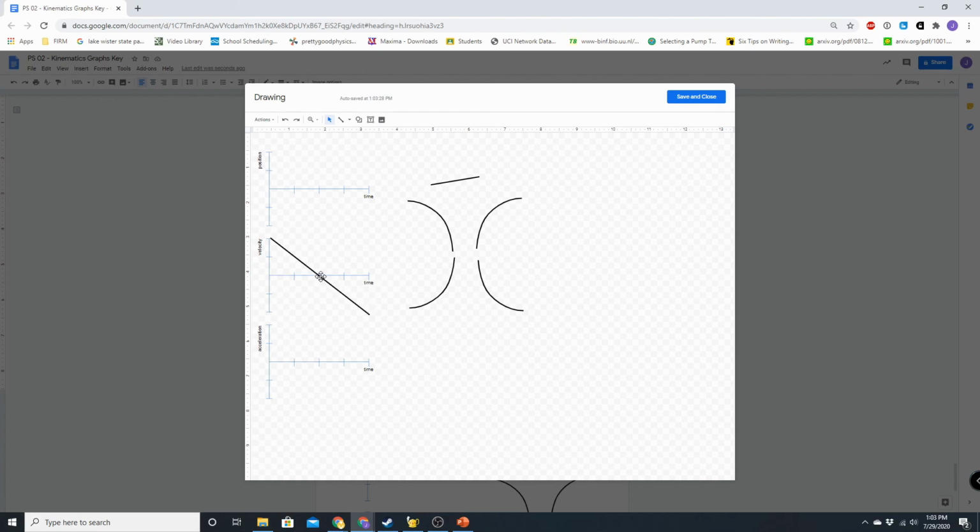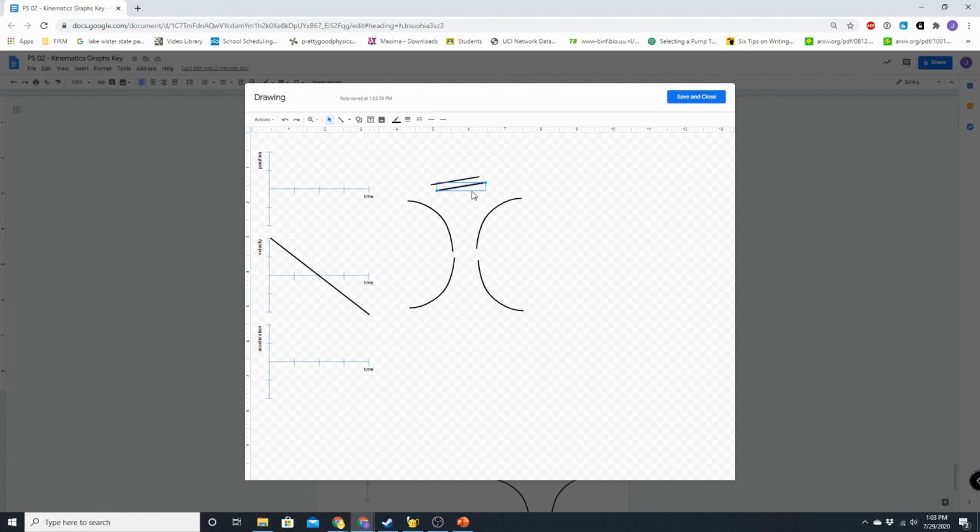And velocity is moving away from the axis, so we must be speeding up. Does all of that sound like something you're familiar with? Move up, slow down, stop, come down, speed up? Maybe you've seen something do that.